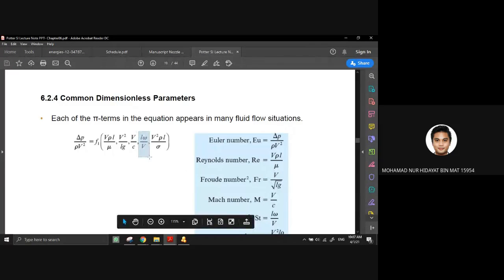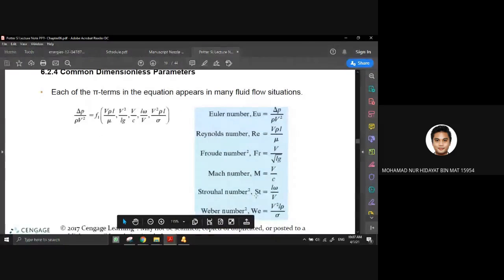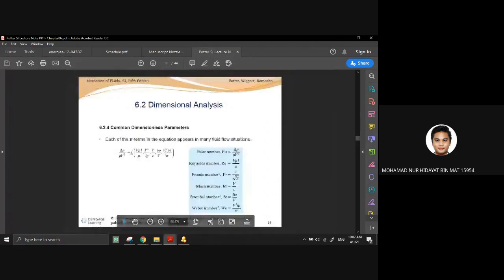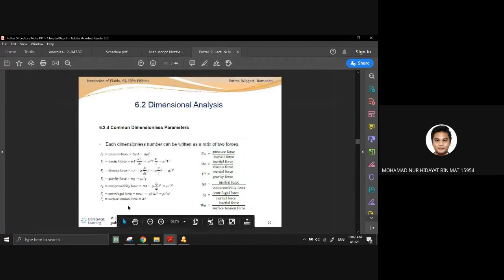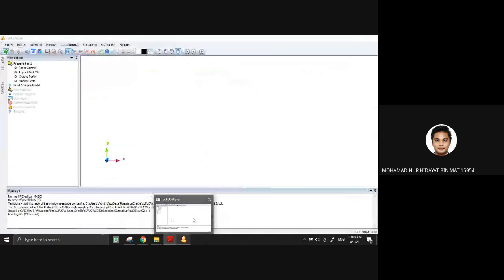This term, length omega over V, refers to the Strouhal number, ST. And this part refers to the Weber number. Basically, they form from this one.